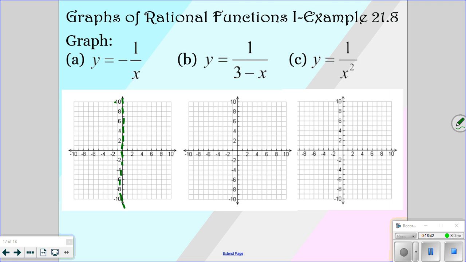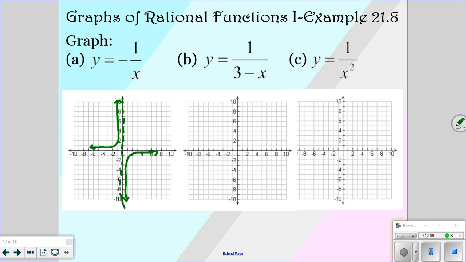So negative 1 over x is going to be in the second and fourth quadrants. I didn't do a great job of graphing that one. So there's going to be that graph.